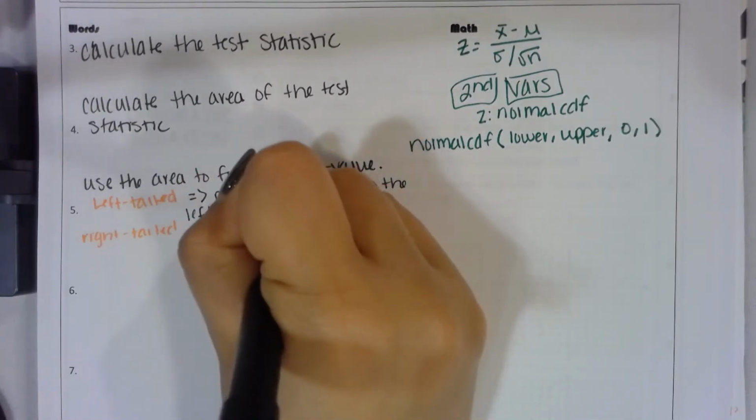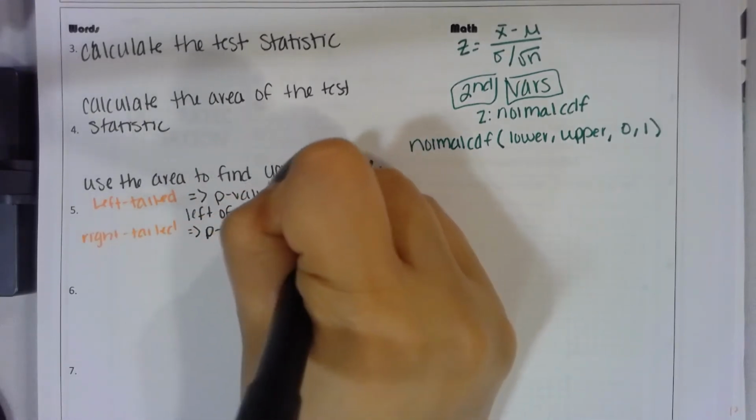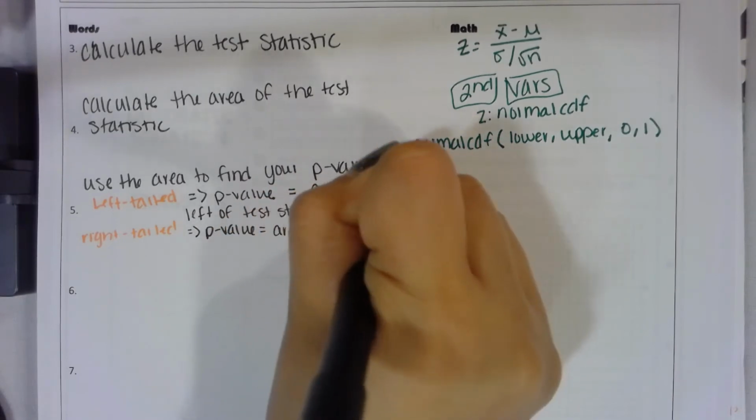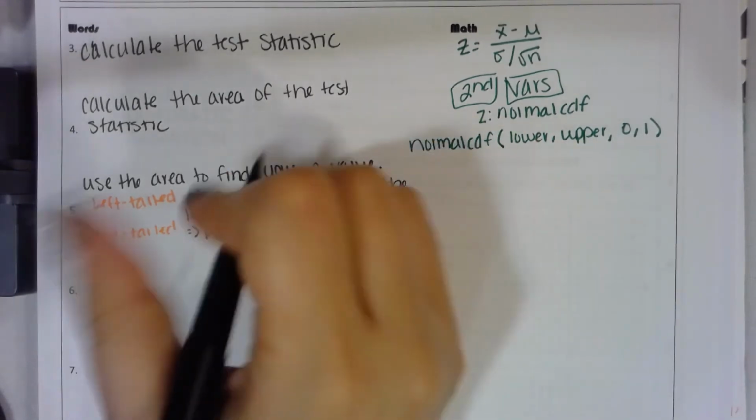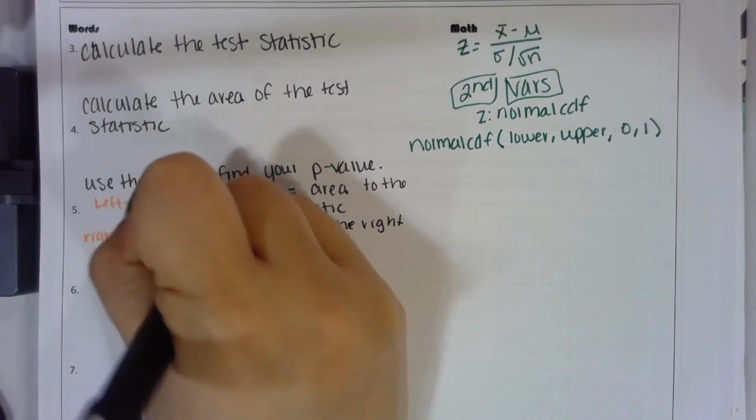Now once you figure out what your p-value is, once you have your p-value, then you need to make a decision based on comparing the p-value to your significance level.